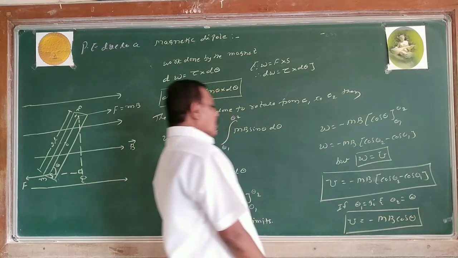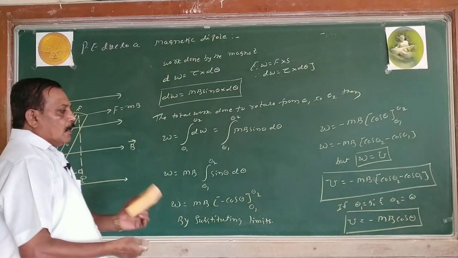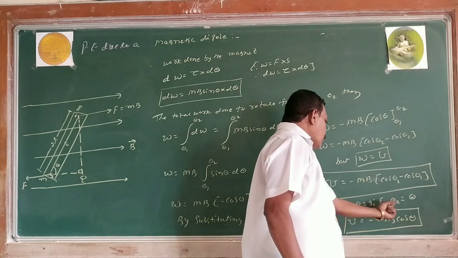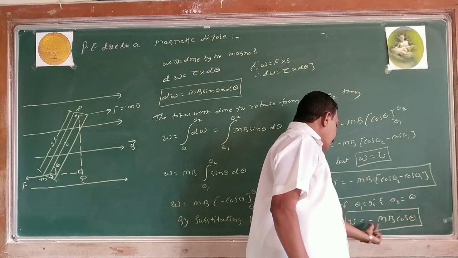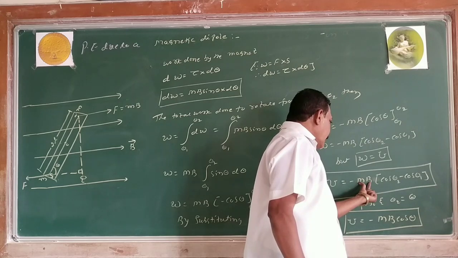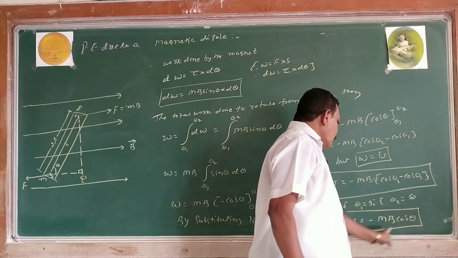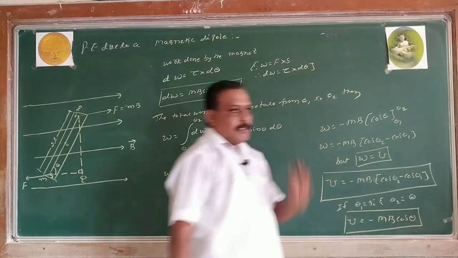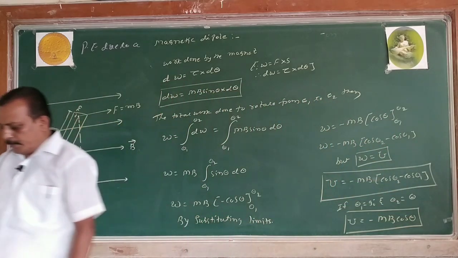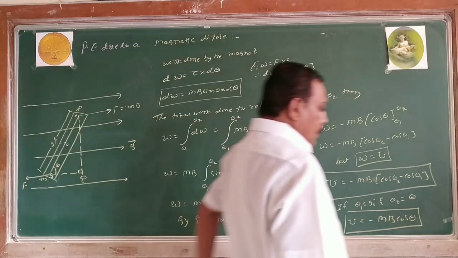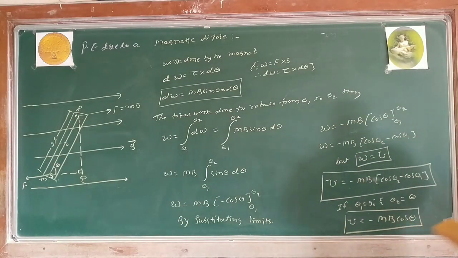If you want a single angle, if initially theta 1 equals 90 degrees and it rotated to any angle theta, then U equals minus mB cos theta. Now this is your equation. This is the potential energy due to a magnetic dipole, or potential energy due to a bar magnet placed in a uniform magnetic field.